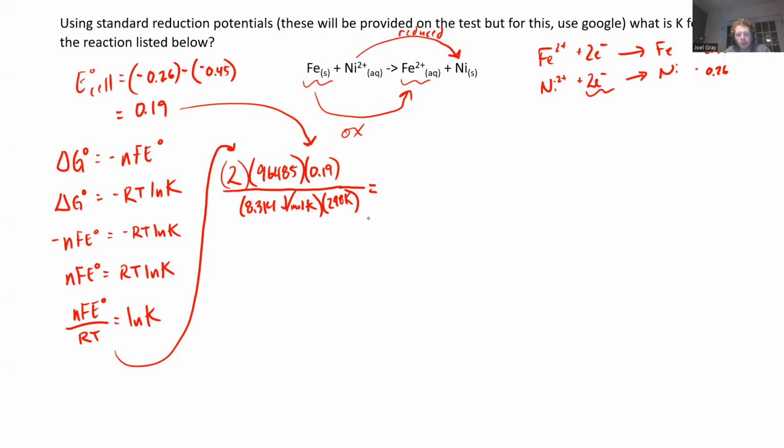So what I'm going to end up with is 2 times 96485 times 0.19 equals, I always like to write my numbers out, 3664.3, divided by 8.314 times 298 equals 2477.572.